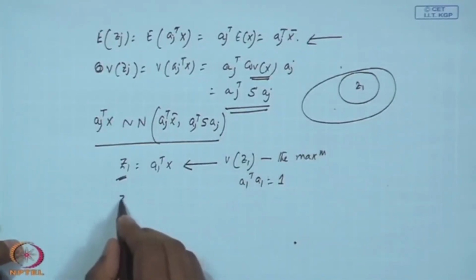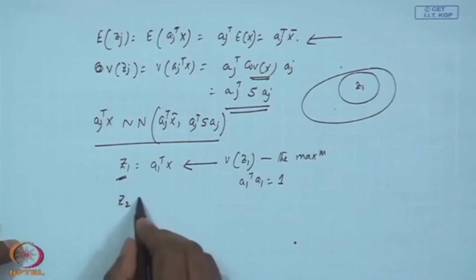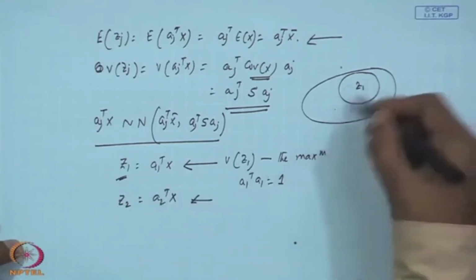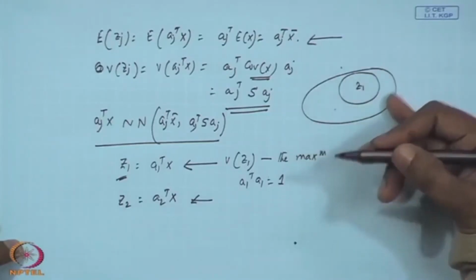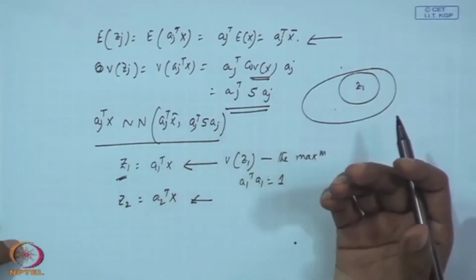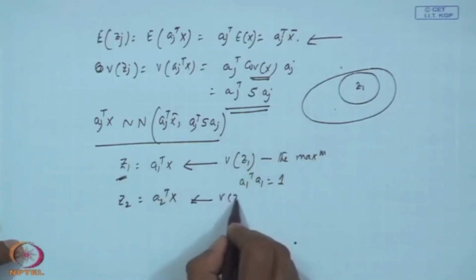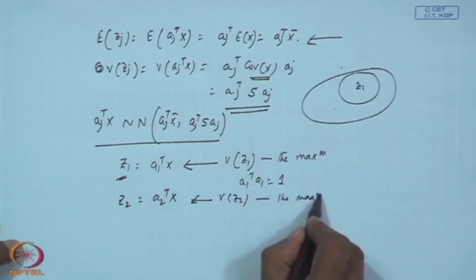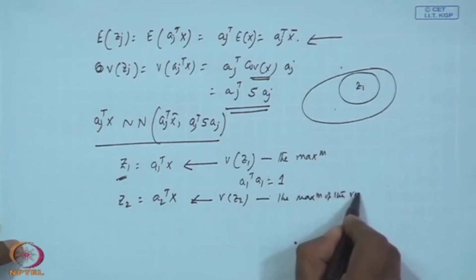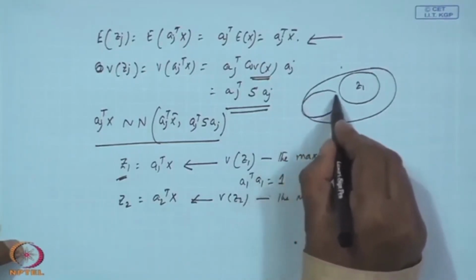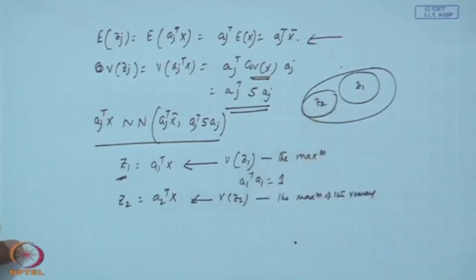So, let Z1 variability extracted be this much. Then I am coming to the second PC, which is my A2 transpose x. Here, the remaining variance, I want to extract the maximum of the remaining variance. So, variance of Z2 is the maximum of the remaining. Let me say I am able to extract this much by Z2.